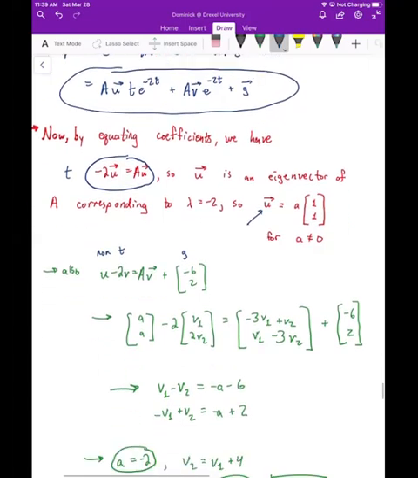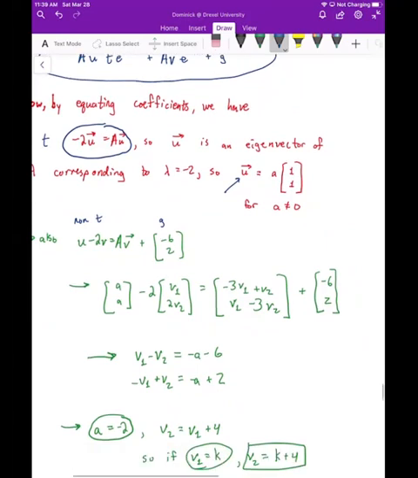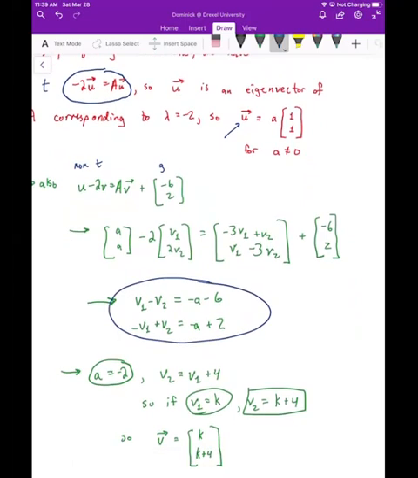And then we find that by plugging in our u, we get (a, a) minus (2v1, 2v2) is equal to our coefficient matrix A times v plus (-6, 2). And that allows us to arrive at this system of equations here. Now, since these first two left-hand sides are opposite, we can add the two equations right away, and you can find fairly quickly that a has to be -2.